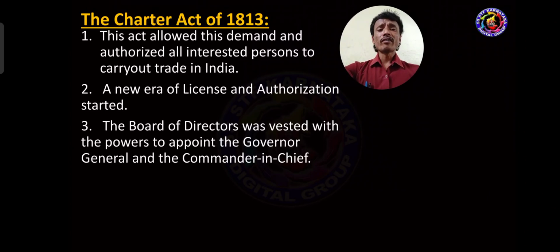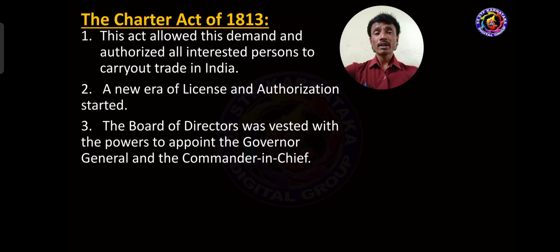Then the board of directors was vested with powers. It means the board of directors had most of the power. I already told you, the board of controllers was there first, then the board of controllers was replaced by the board of directors, and they had the power to appoint the governor general and the commander in chief.